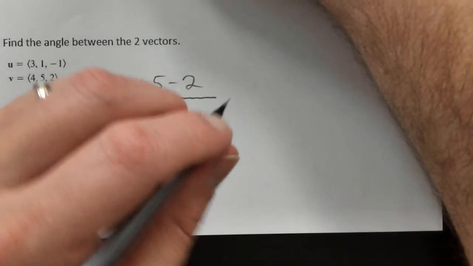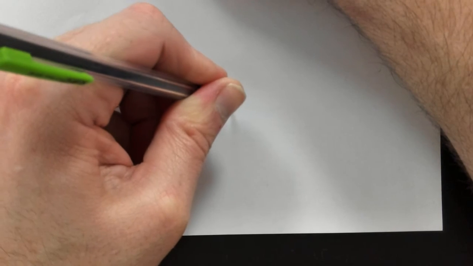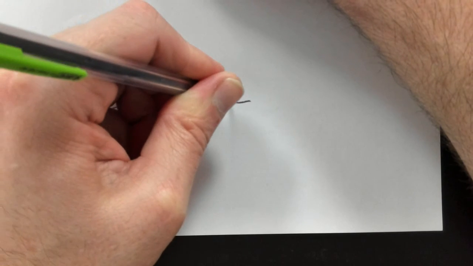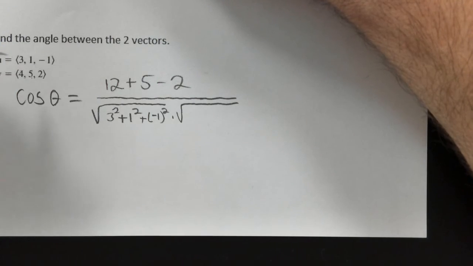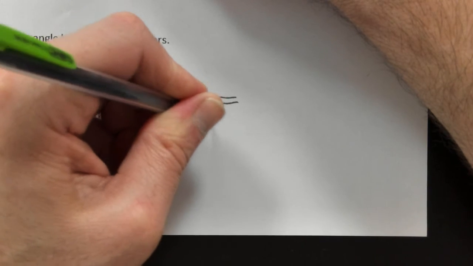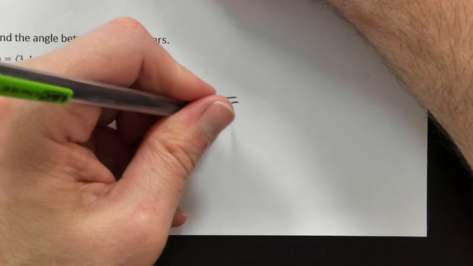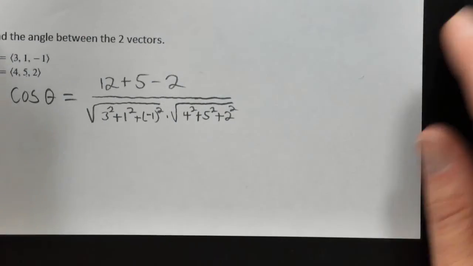And then that's going to be times the square root of 4 squared plus 5 squared plus 2 squared. All right.